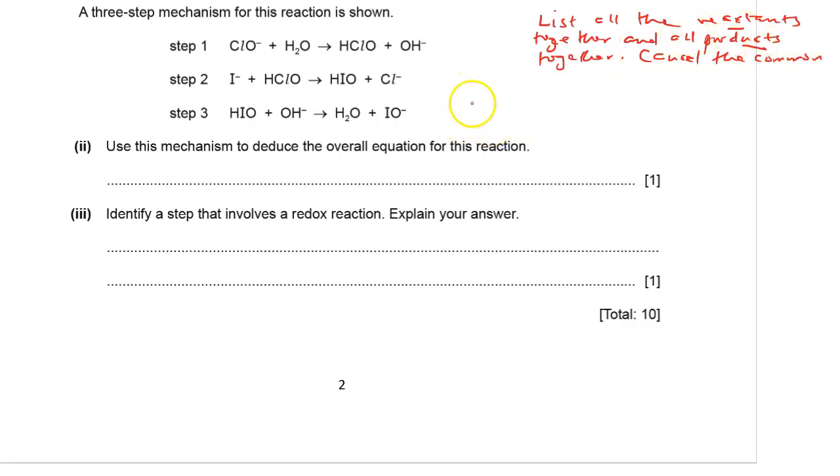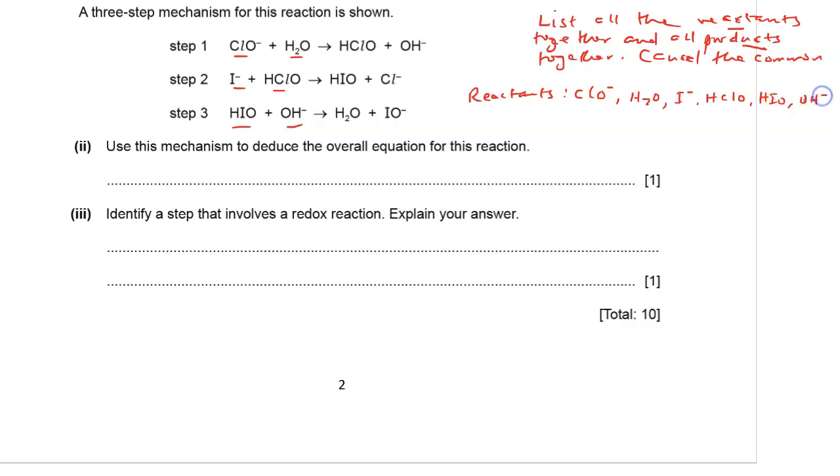So here we have the reactants. The reactants here are this. So you list all those. We have water, we have hydrogen, iodine ion, we have ClO, we have OH.